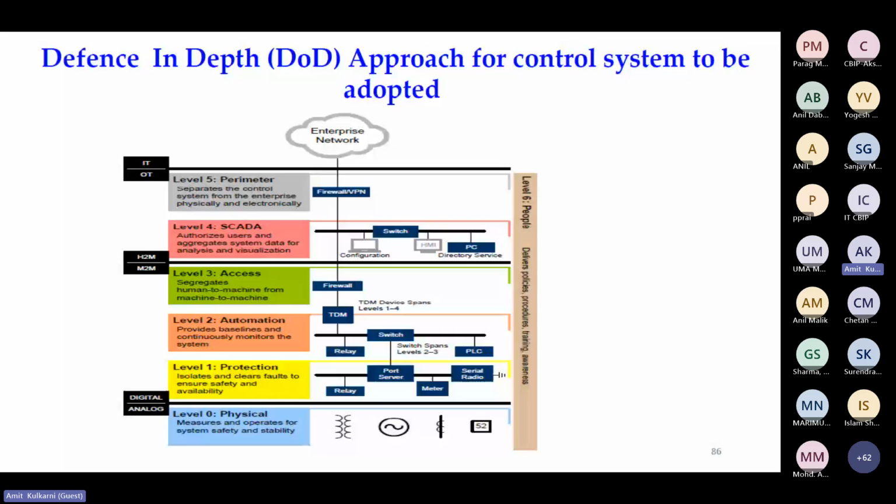Then you have a perimeter defined with firewalls and all. And lastly, there are the people who handle this system. If we have such a segregated approach, designed properly, it can quite well protect or shield the system from cyber attacks.